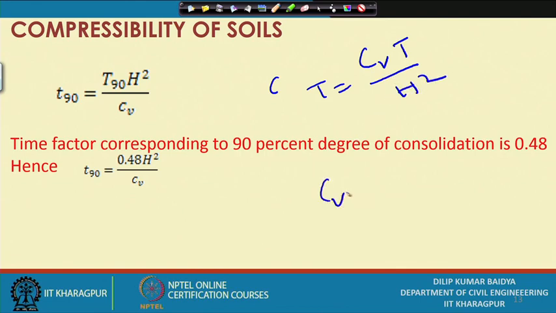So, if I want to find out CV, CV equal to T H square by t. Sorry, this is not capital T, this is small t.